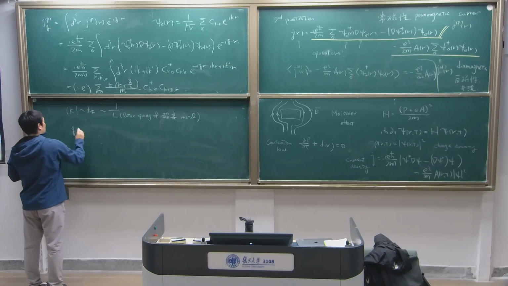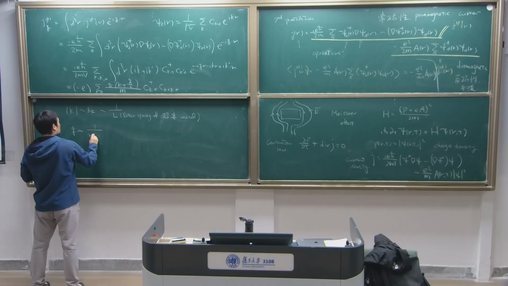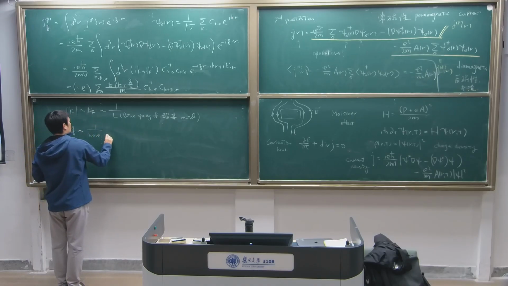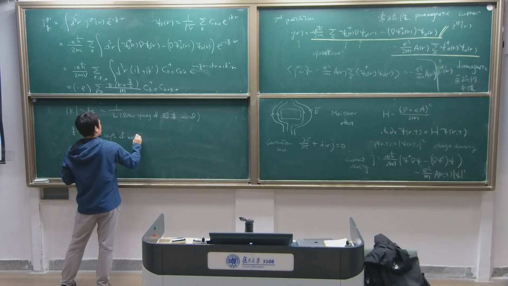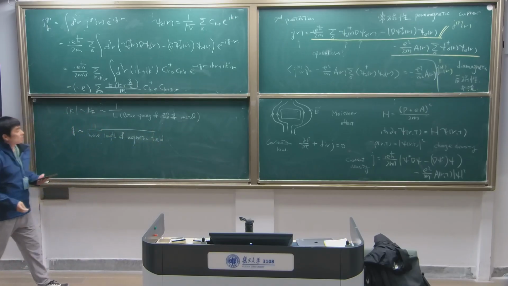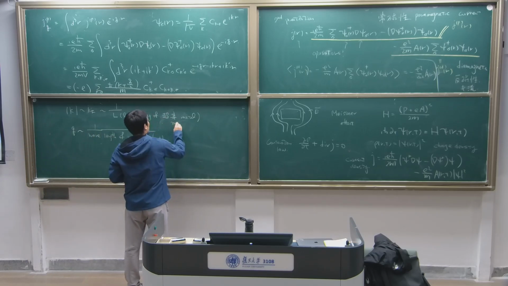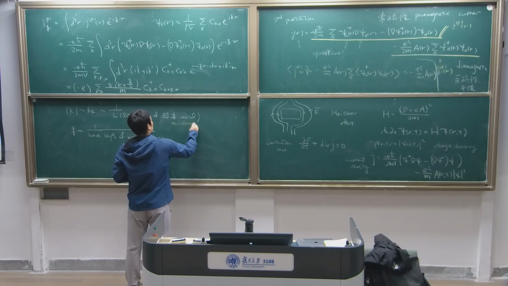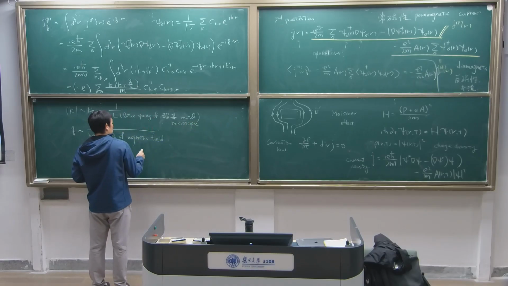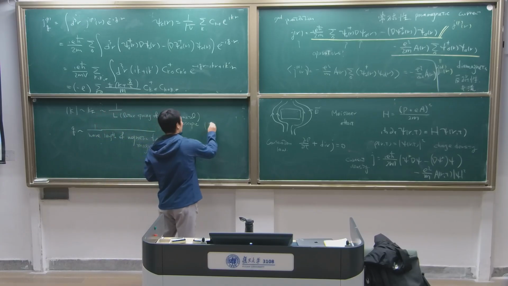However, Q is roughly the wavelength of the magnetic field. It's a macroscopic magnetic field. So this is, of course, the microscopic, then the macroscopic one.